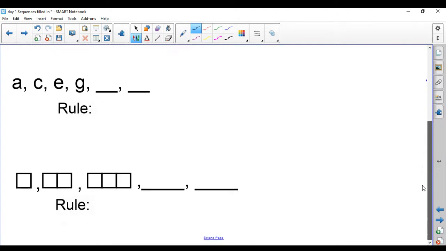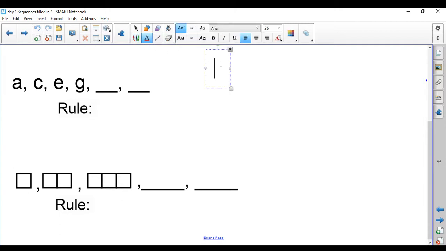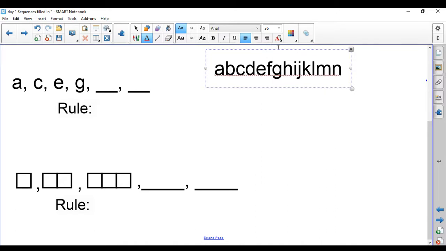We can also do this with a pattern of letters. And sometimes with the letter patterns, it's easier if you think about how the whole alphabet would be written out to start. So A, B, C, J, K, L, and so on. It keeps going.